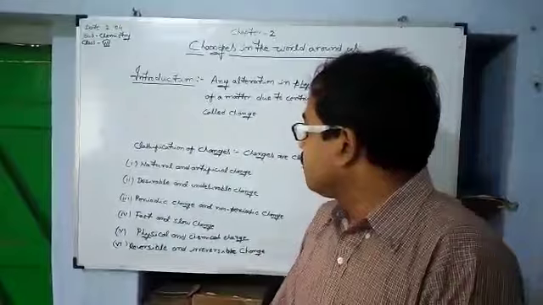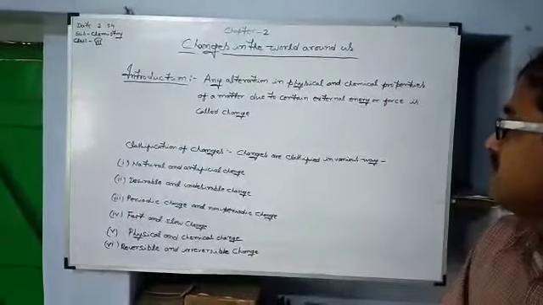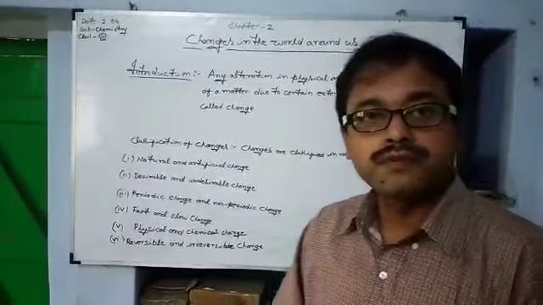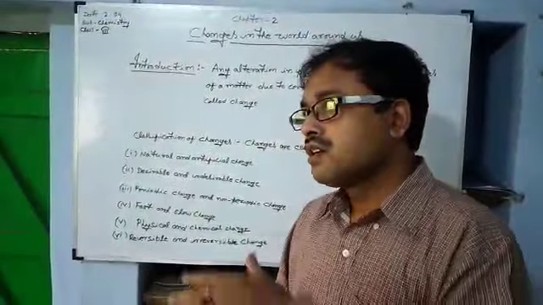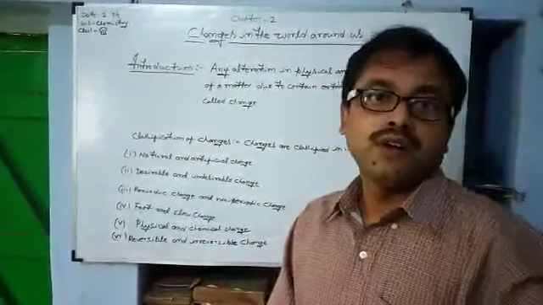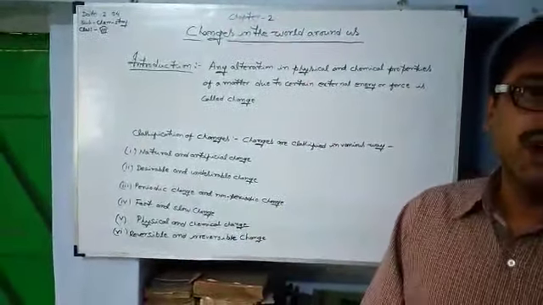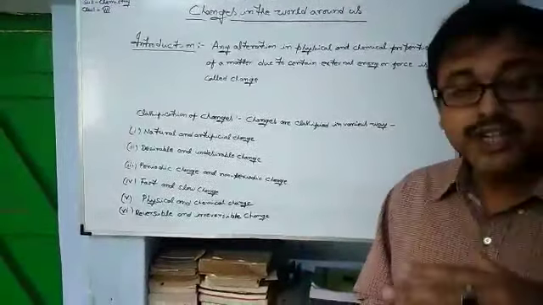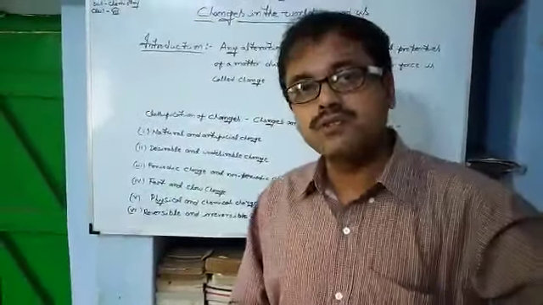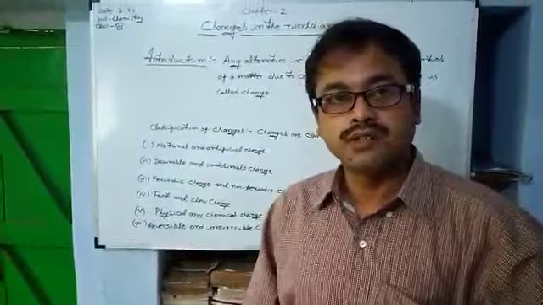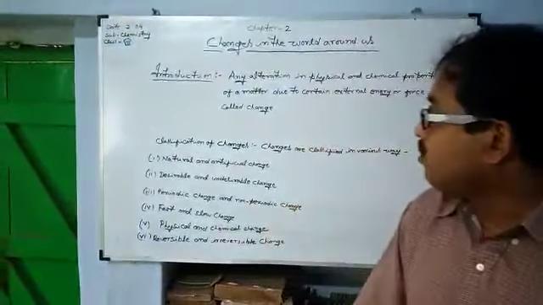Now, one more way of classification of change is reversible and irreversible change. That is on the basis of their ability to reverse back to their original forms by changing conditions. What is reversible change?